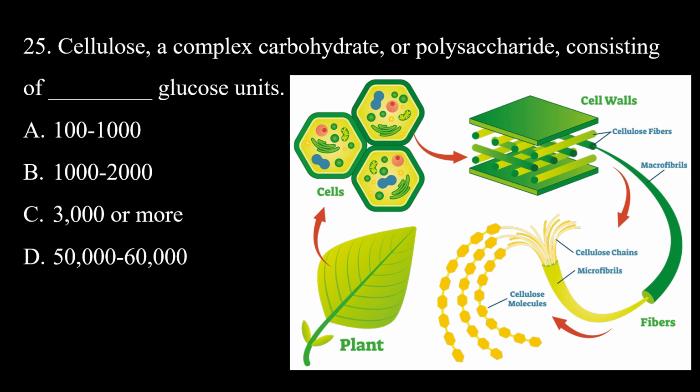The right option is, as we have already discussed the different numbers of glucose units present in the homopolysaccharides, the right option for cellulose is C. It consists of 3000 or more similar glucose units combined together by glycosidic linkages and makes up the complex structure of the homopolysaccharide known as cellulose. And cellulose is the structural polysaccharide that makes up the cell wall of the plants, and that is taken up by the human body as a dietary source and functions as fiber in the human body.